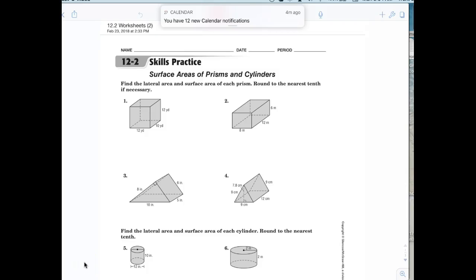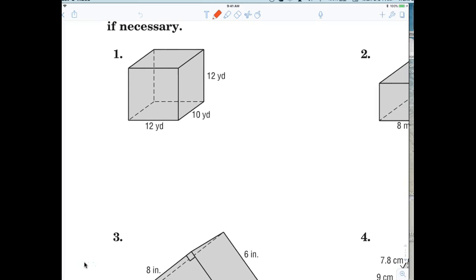All right. So the surface area of prisms and cylinders. Let me see if you understand what I'm saying now. If I were to take this and slice it so I could lay it out, I'm going to cut it right here and lay it out.